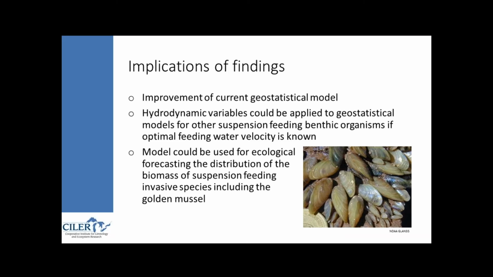And I think a really cool application of this could be forecasting the distribution of new invasive species, including the golden mussel. However, once again, we'd have to know the optimal current at which golden mussels feed before we could incorporate that data into the model.